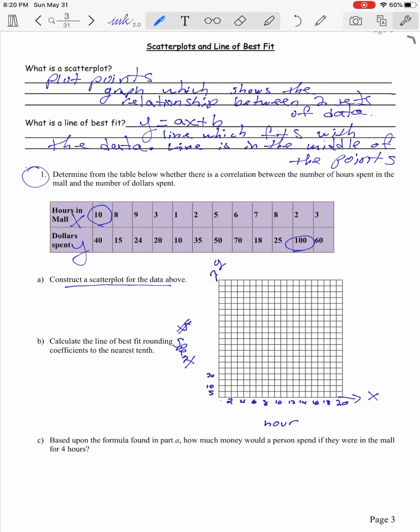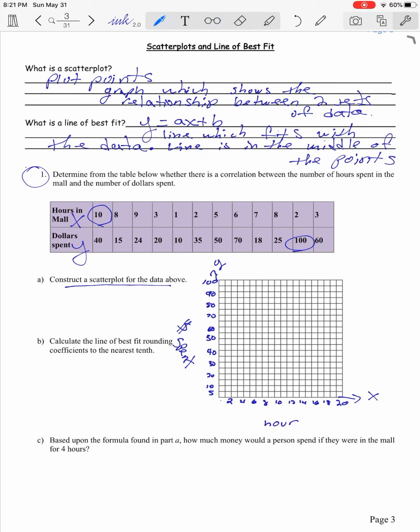This would be 15, 20, 25, 30, 35, 40, 45, 50, 55, 60, 65, 70, 75, 80, 85, 90, and then the last one would be 100. So I did count by 5s, I just labeled them by 10s.